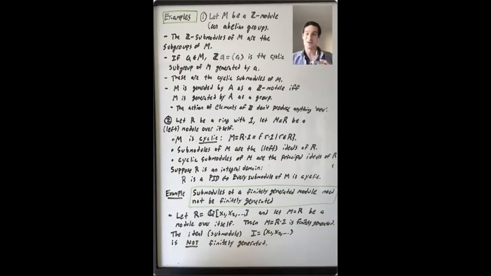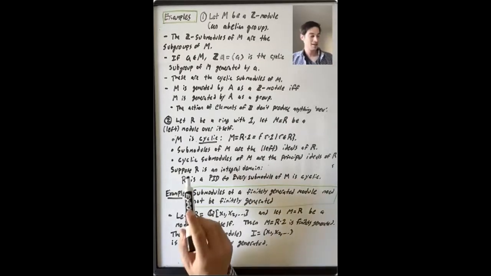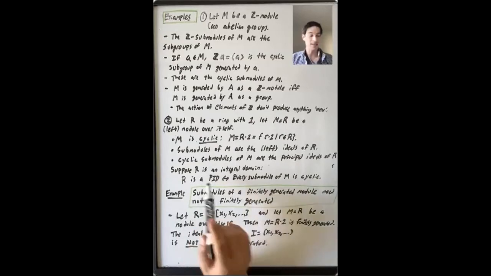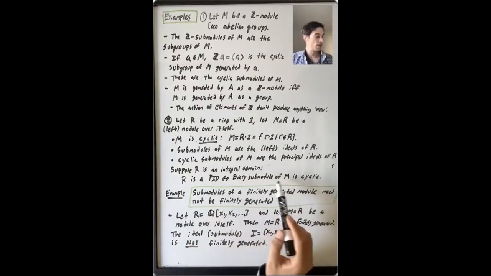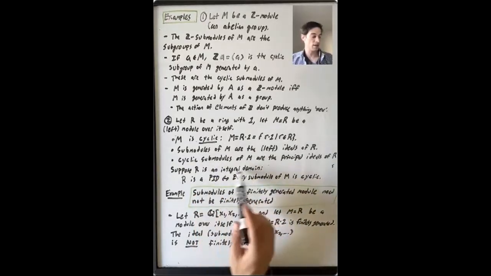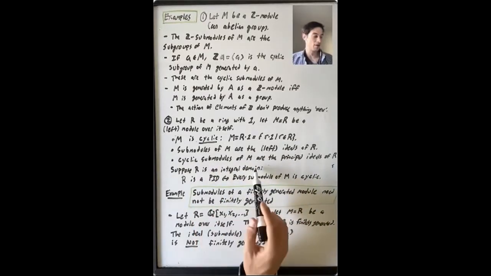All right, so there is a special name for a certain kind of ring in which all of the ideals are principal ideals. I'll just say quickly, let's suppose that R is an integral domain. In that case, R is a PID if and only if every submodule of M is cyclic. What's going on here with this assumption that R is an integral domain?